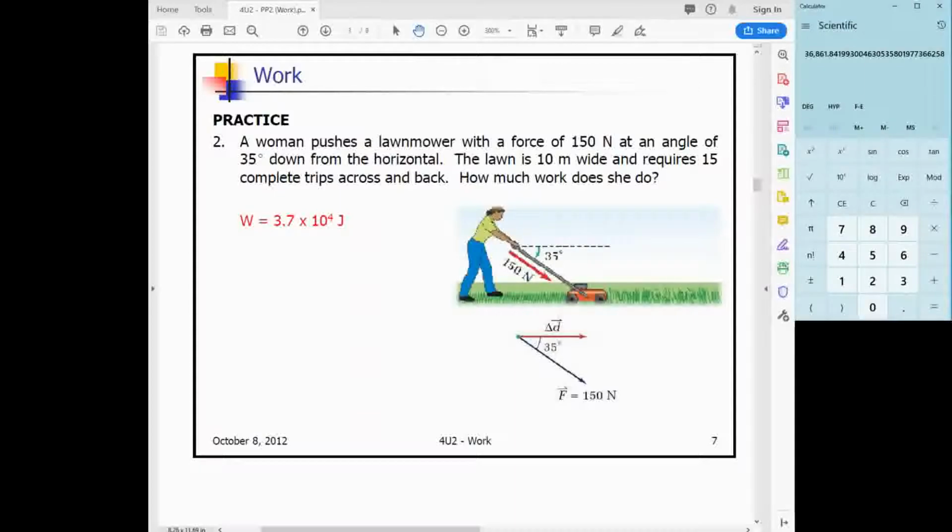I have 2 significant digits in the original problem. So 150 has 2 significant digits. 10 is 2 significant digits. We always take a minimum of 2, at least you'll do that in this course. And that rounds to 37,000. Once we have something that is over 1,000, it's best to write it in scientific notation. So 3.7 times 10 to the 4 joules.